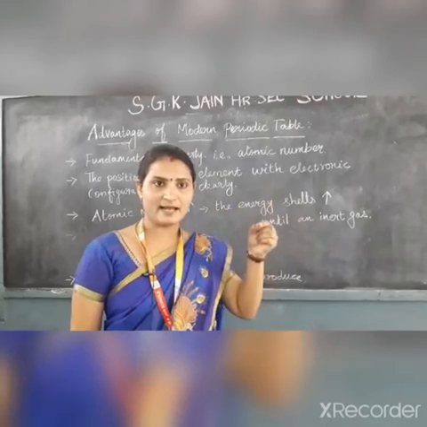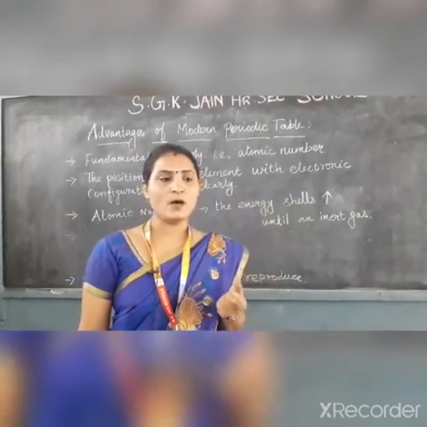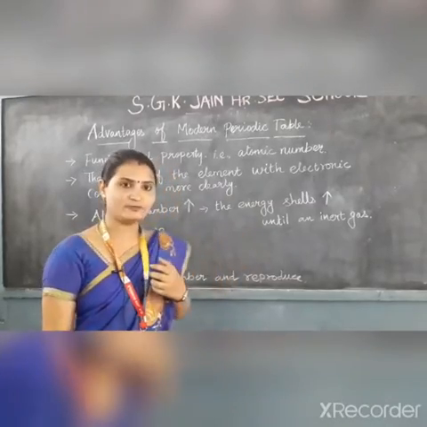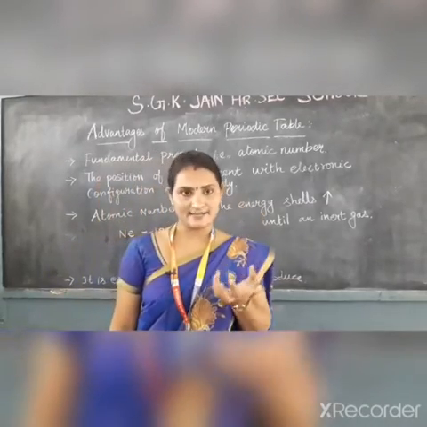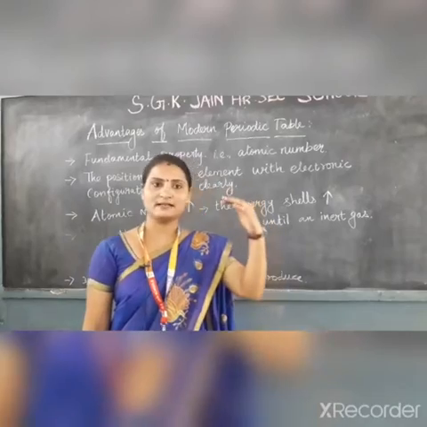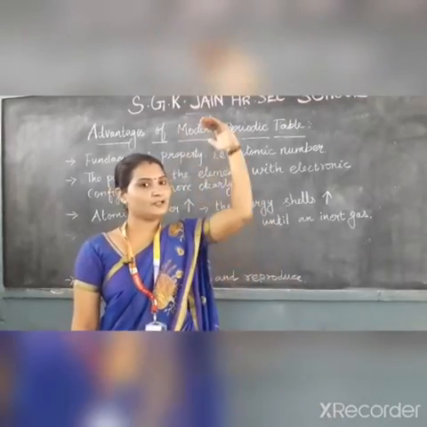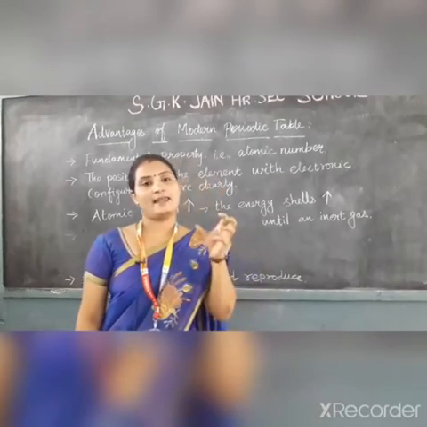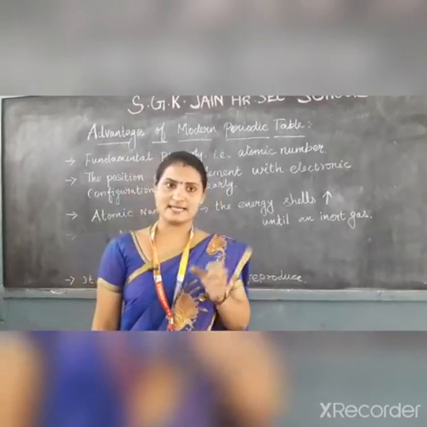By that period, I can easily get to know how many shells it has. And if I want to find out how many valence electrons it has, I look at the group number. By that group number, I can easily identify the number of valence electrons it has.